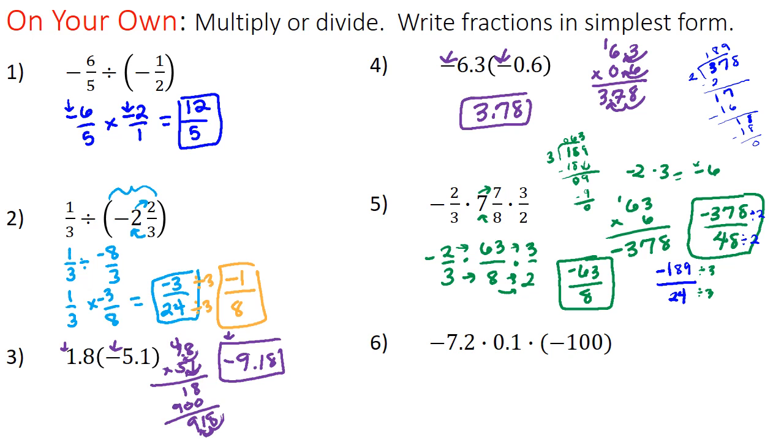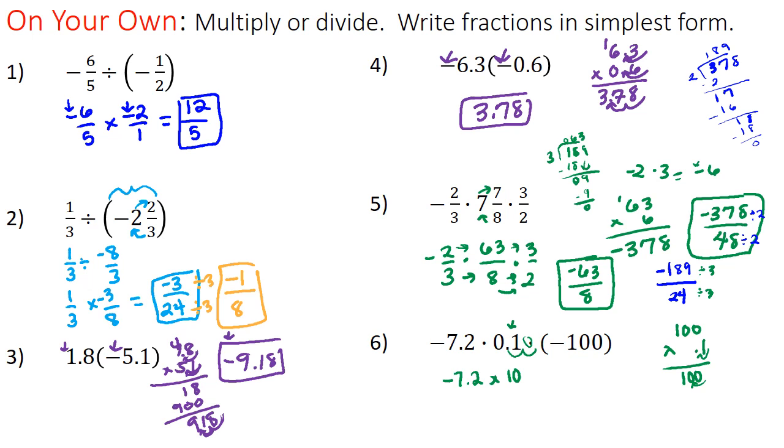So if we do that on this number right here, we can take this 100 and times it by 0.1, so that will be 100, and we are going to see that we are moving in by 1, so we're going to move this in by 1, so we're going to end up with negative 7.2 times 10. So we moved that decimal place twice, which is how we ended up at the 10.